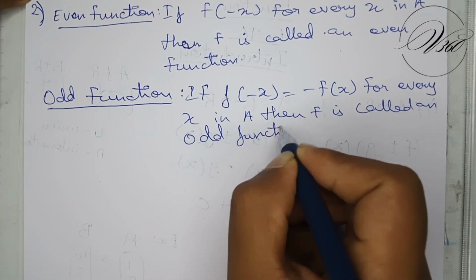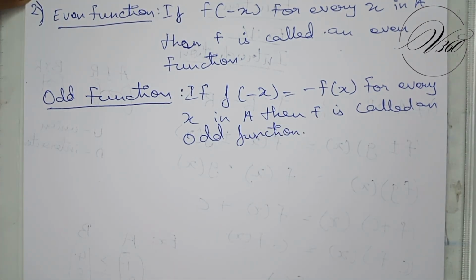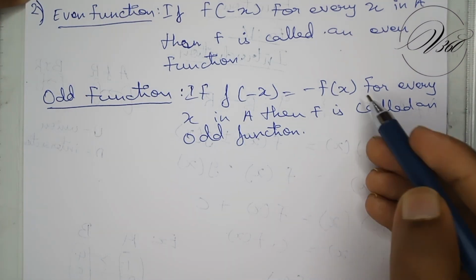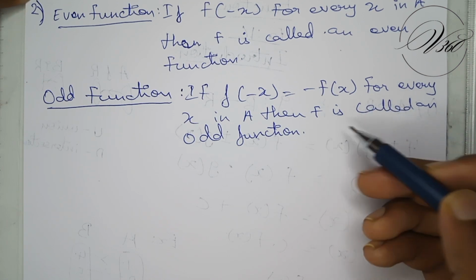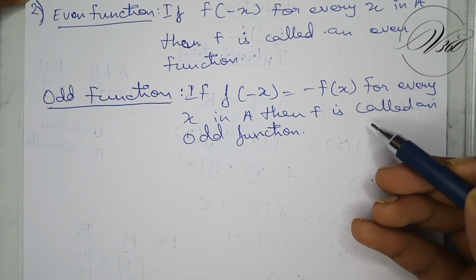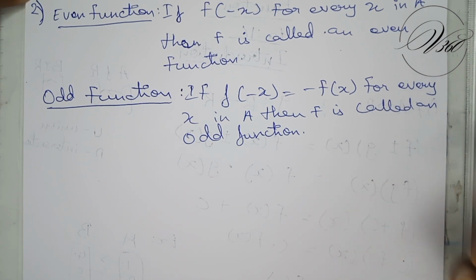Let us repeat it again. Odd function is nothing but if f of minus x is equal to minus f of x for every x in A, then f is called an odd function.